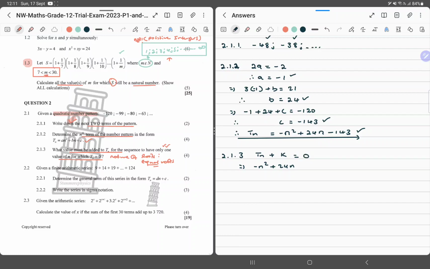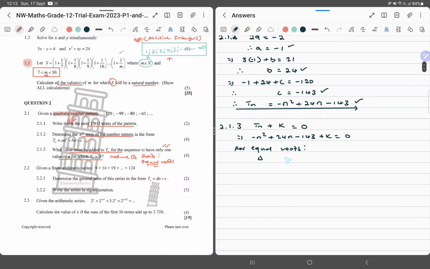So now this implies we've got minus n squared plus 24n minus 143 plus k equal to 0. Now we can say for equal roots, it implies that the discriminant should be equal to 0. This implies that b squared minus 4ac is equal to 0.